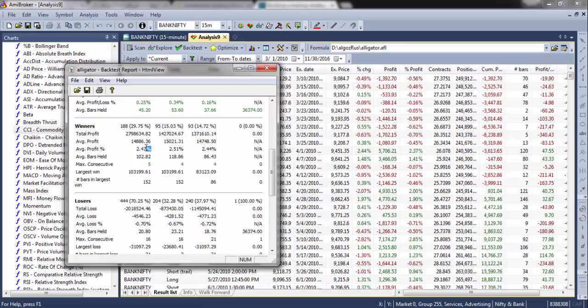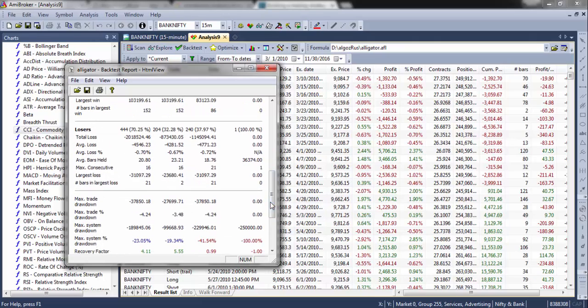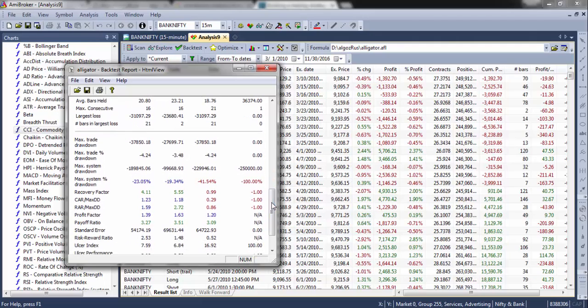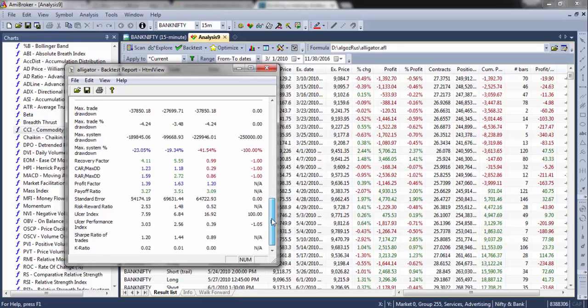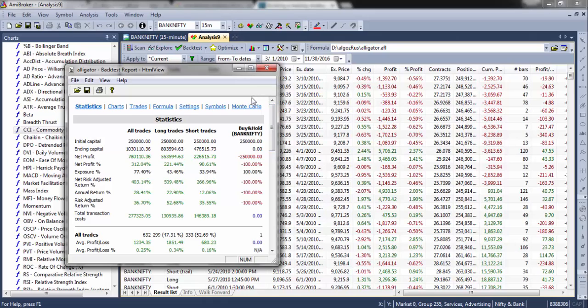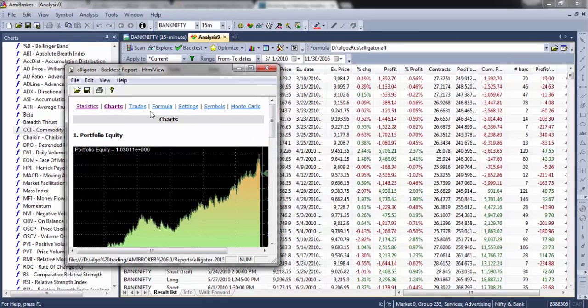We had a very high average profit of 2.5% for winners. For losers, we had 70% losers, but the average loss on them was only 70 bips. The max drawdown is 23.505, a little on the higher side, but that's all right. Let's move on to the charts.